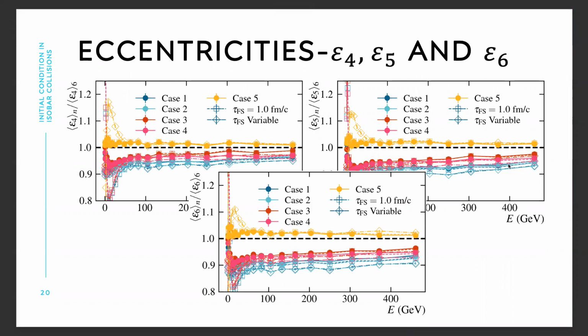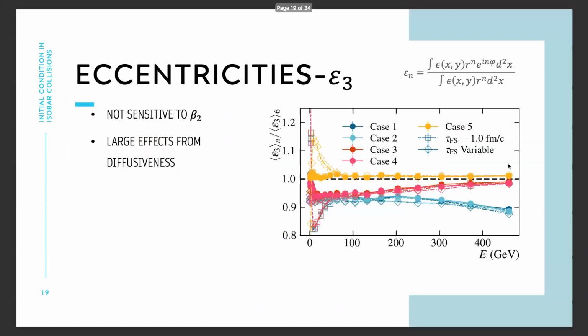They are all very similar, and we see mostly the effect of the diffuseness. We can see a bit of the effect of the different radius, because the yellow line is slightly above one, so there is a small effect from the two different nucleus sizes as well. And then I believe it was here on a smaller scale, but it was here on epsilon 3,2.